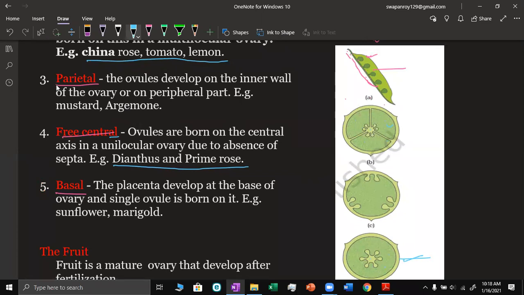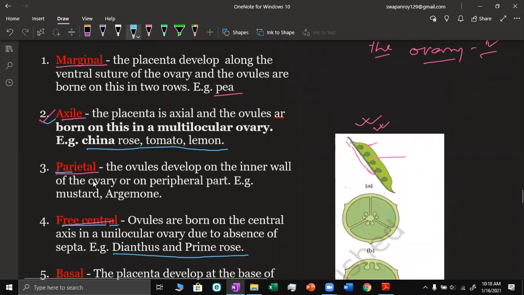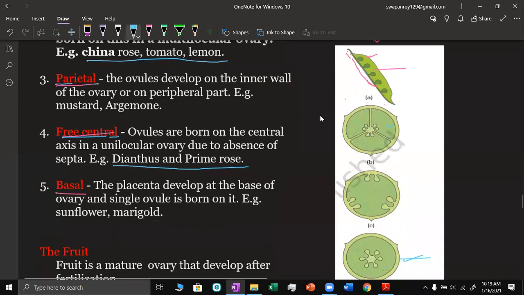The next one is parietal placentation. I explained the free central first, after axile, because there are similarities. In parietal, that is the parietalia, the inner wall of the ovary, or on the peripheral part.